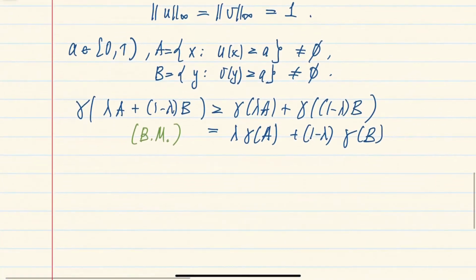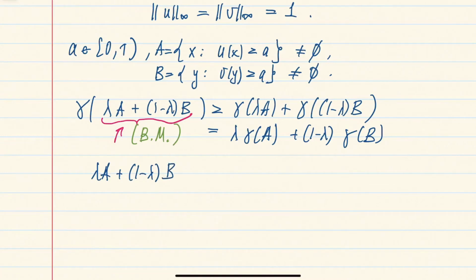And then if you consider this set on the left hand side, lambda A plus 1 minus lambda B, we actually want to notice here that it will be inside the set, let's call it C, where the function w is greater or equal than a. Okay? And this is where our assumption on these three functions, this relationship between these three functions, is used, right?